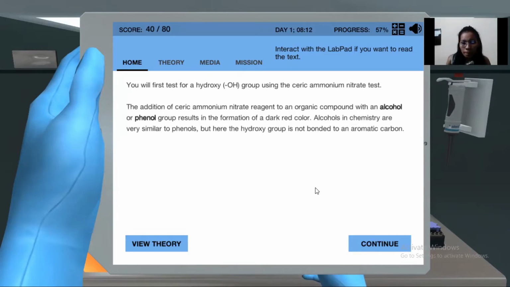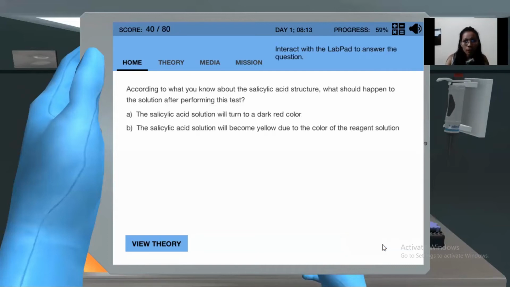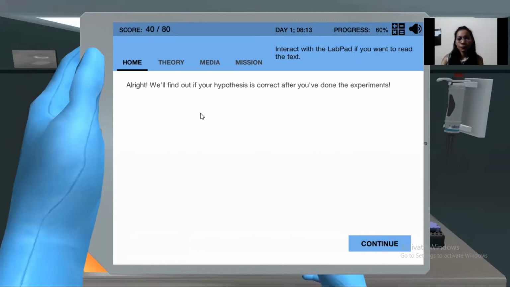Alcohols in chemistry are very similar to phenols, but here the hydroxy group is not bonded to an aromatic carbon. According to what you know about the salicylic acid structure, what should happen to the solution after performing this test? Alright, we'll find out if your hypothesis is correct after you've done the experiments.